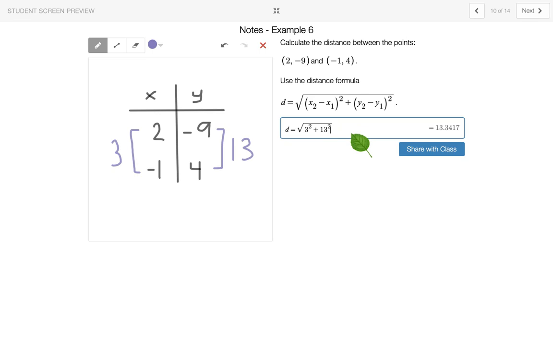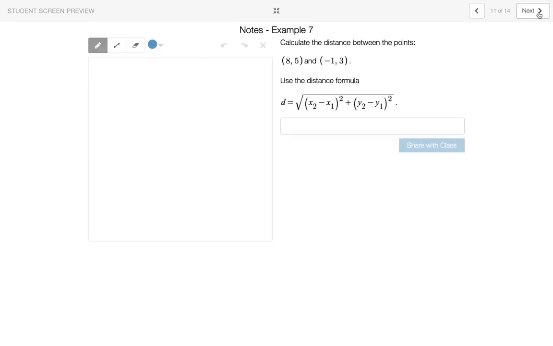If we were to go forward, it would be the square root of 9 plus 169, which is equal to the square root of 178. And to the nearest tenths place, that's 13.3. Okay, let's keep going.